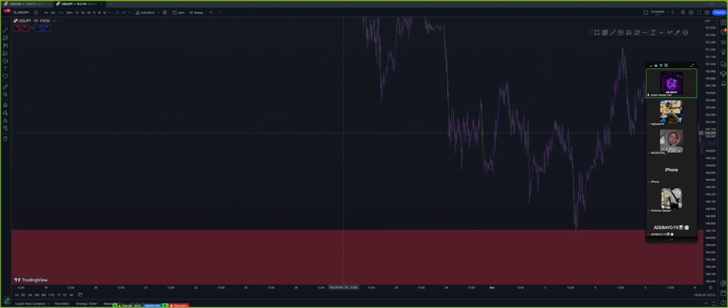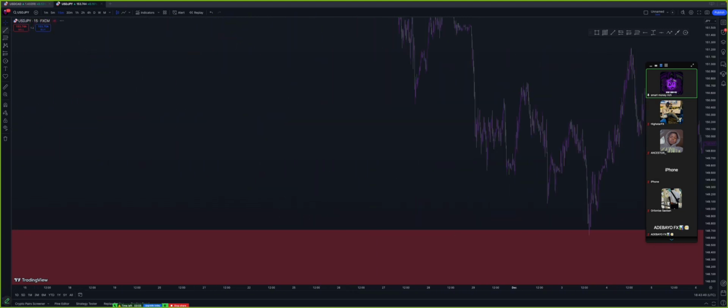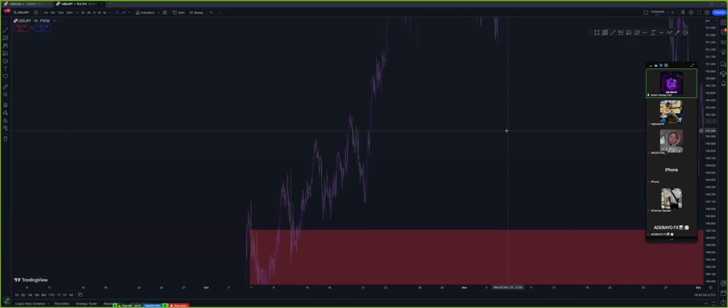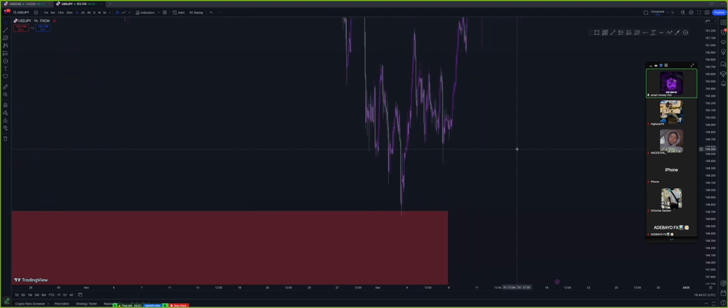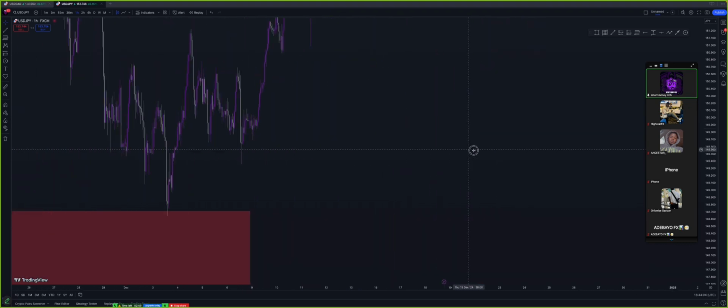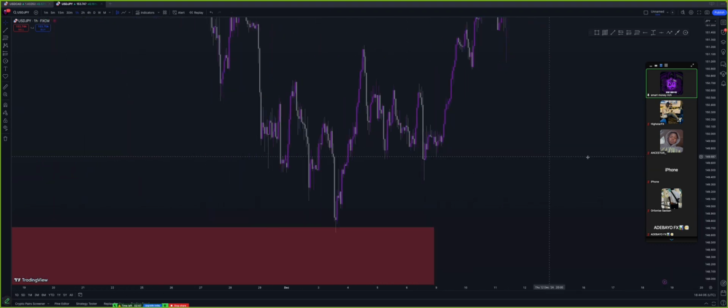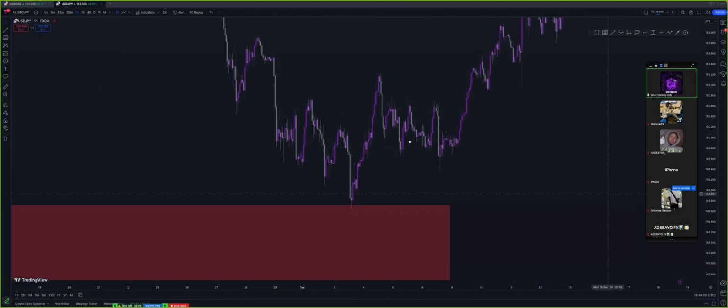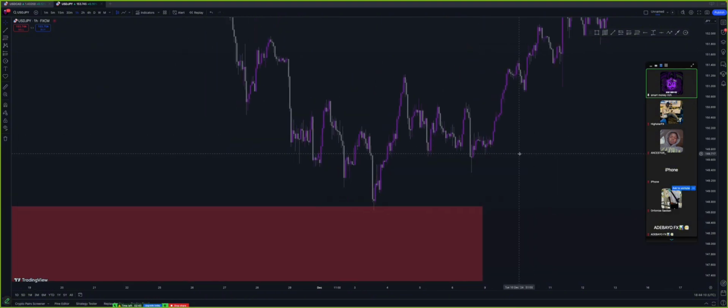Whereby in this case right here, let's go on to a more higher time frame for a clearer picture. Now let's look at it on a clearer time frame.